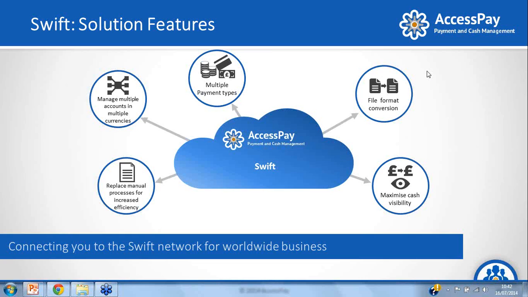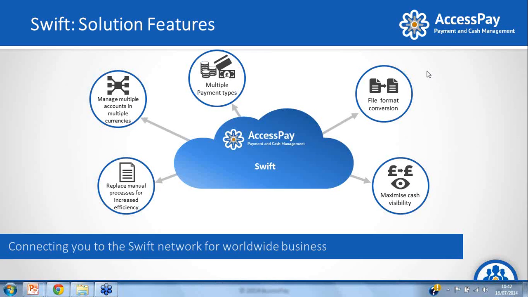Your files can come from any TMS or any ERP into our application, and we don't expect you to change your file types. We can take any file type and convert it into the format that Swift would want, or it could be MT format, or BACS format, or ISO 20022 for SEPA. So we can convert into any format.